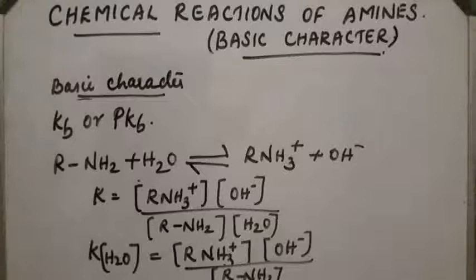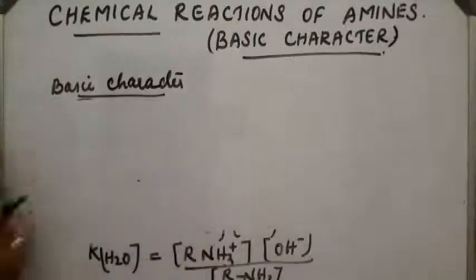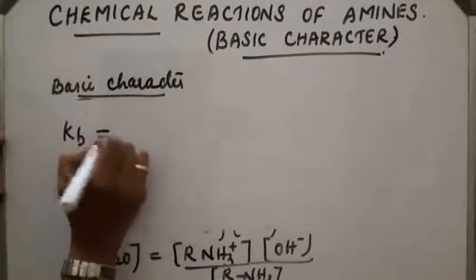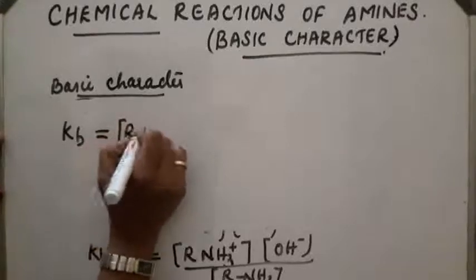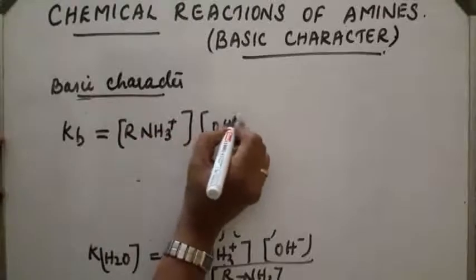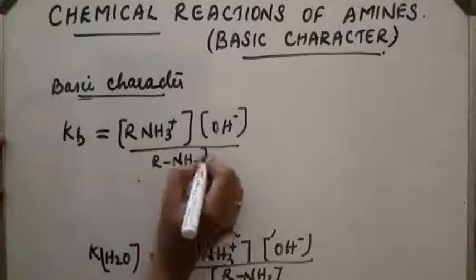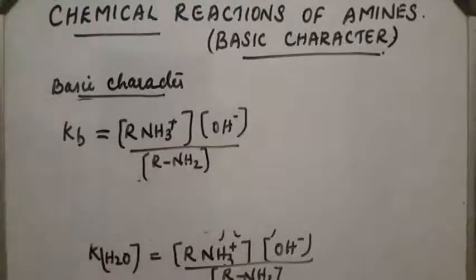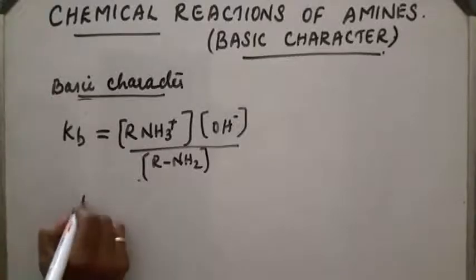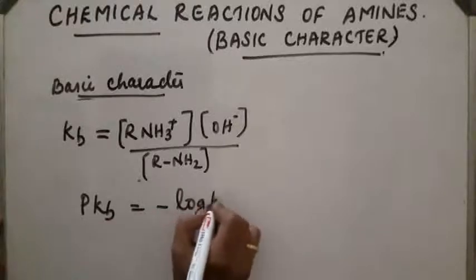So the dissociation constant Kb will be equal to the concentration of RNH3+ times OH- divided by RNH2. This will be the Kb value. Now, what will be pKb? pKb will be equal to minus log Kb.